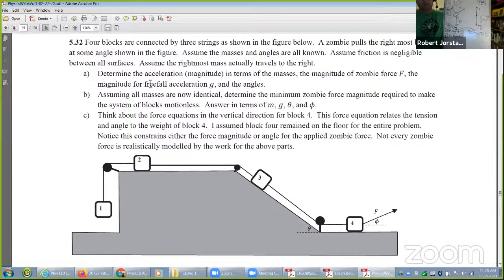Okay, and notice in this case, each mass is not necessarily the same. In part B, it says the masses are identical, but for part A, we are not supposed to assume the masses are identical. So the logical thing to do would be to call them mass 1, mass 2, mass 3, mass 4. All right, so somebody out there, give me a good choice of coordinate system for one of the blocks. Or let me ask, what coordinate system do you think I would start with?